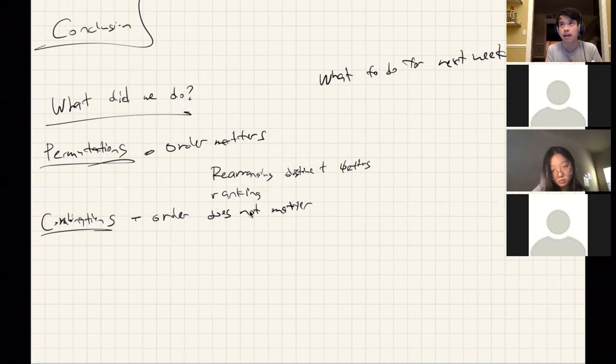The other thing that I might not have touched on as much is that sometimes a problem has elements of both combinations and permutations. It's not always so cut and dry, not always black and white.